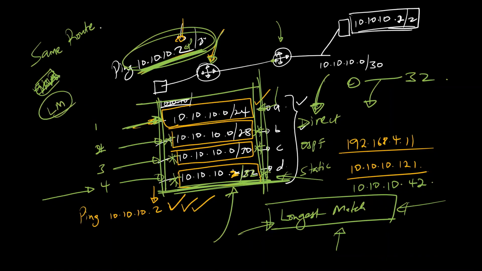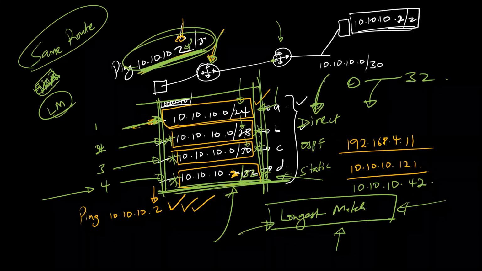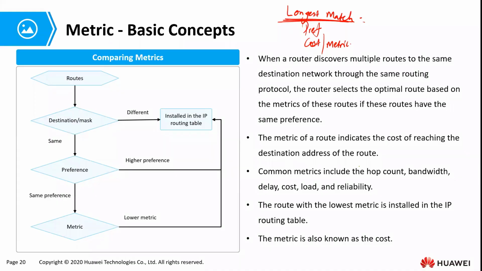When we say same route, we mean the longest match or the length of the subnet is the same. If the length of the subnet is different, we shall always choose the longest length, period. So the first thing it will check here is the subnet length. Of course, it can't be the same route when they are different lengths.